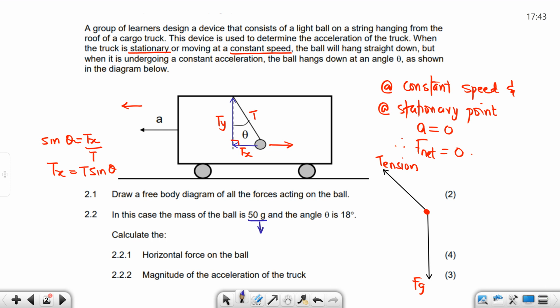So how do we convert? We divide by what? How do we convert grams to kilograms? We divide by 1,000.